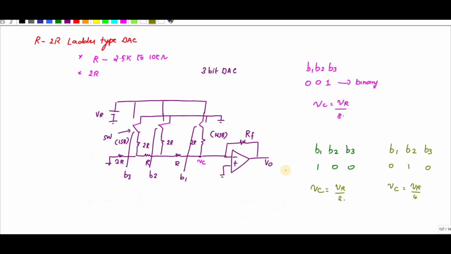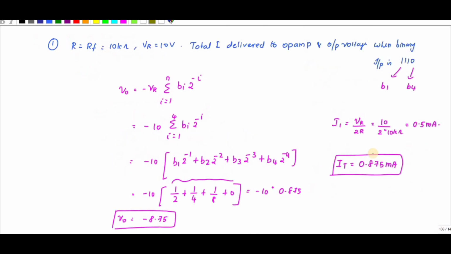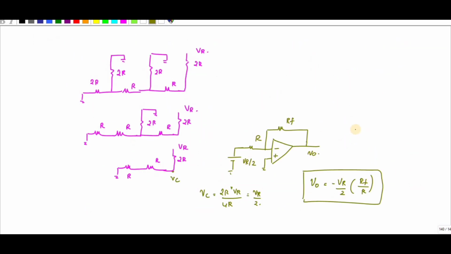So for this value B1, B2, B3 equal to 100, VC value is VR by 2 and the equivalent resistance value is R. Okay. So if that is the case, and here the input is given to the inverting terminal, I can write V0 is equal to minus VR by 2 into RF by R. Okay. This is the case for 100, right? Then B1, B2 and B3 is equal to 100, right?